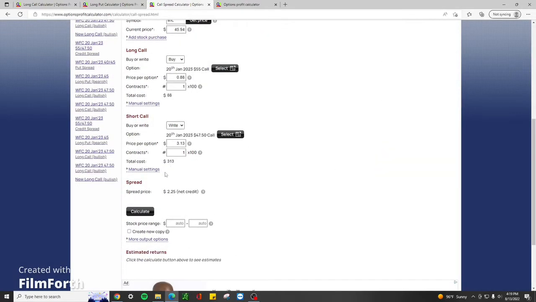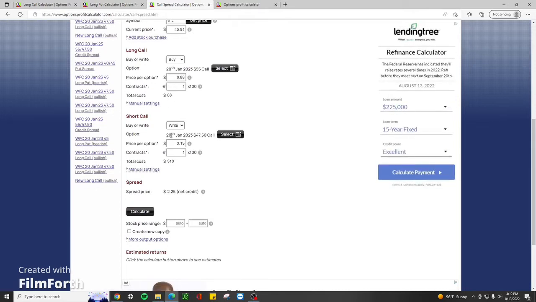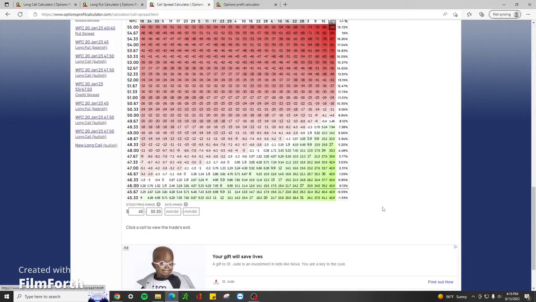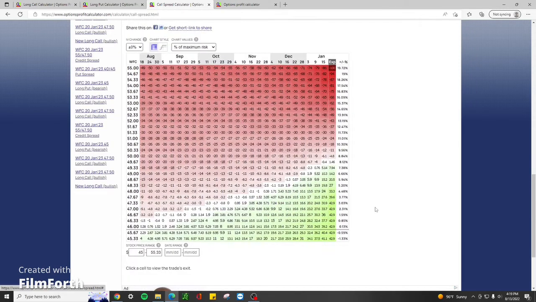It shows you the difference in pricing of those two options, and of course this is the net credit you would get from this strategy. You click on calculate. This is a graphical representation of how your profitability will be affected with time decay. Now, being that this is a neutral to bearish strategy, it basically means that even if Wells Fargo maintains the same price with time here, you would still be looking at a profit territory.